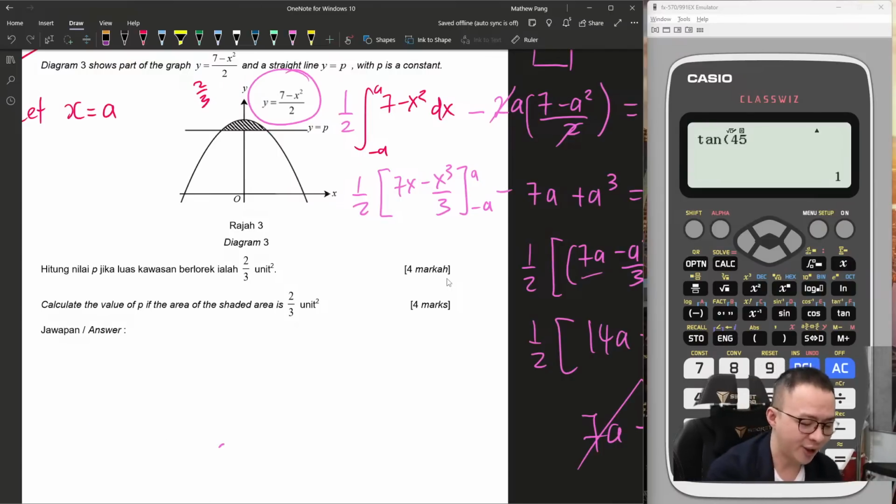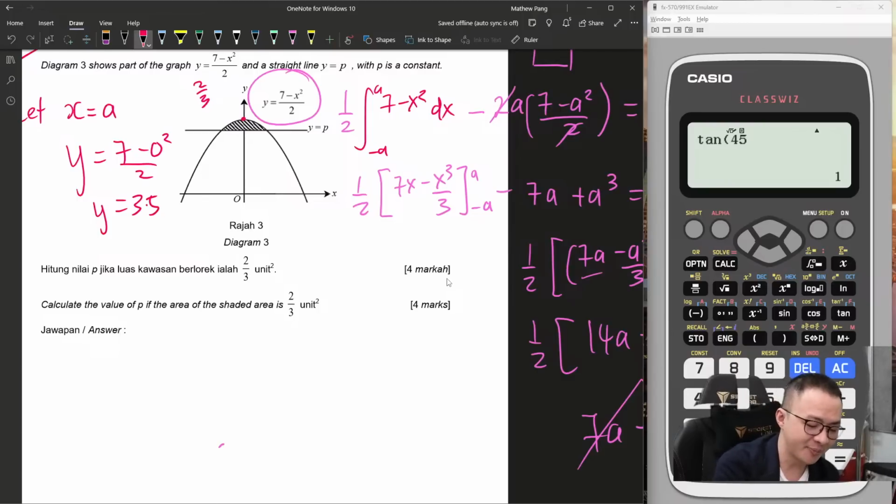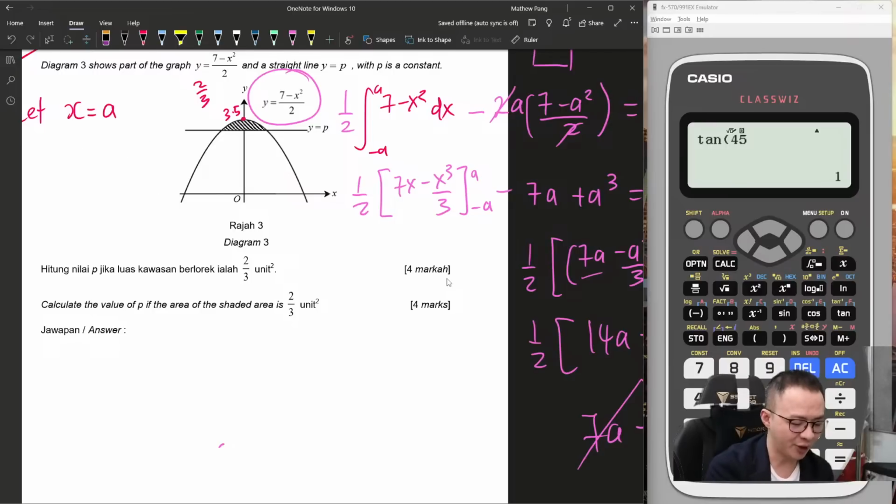But here, you need to understand, if I integrate the y-axis, the maximum point is very easy to find. Max: sub x equals 0, y equals 7 minus 0 squared over 2. So it's just 3.5. So the maximum point here is just 3.5. It's very easy. Then I want to integrate from p to 3.5, right?